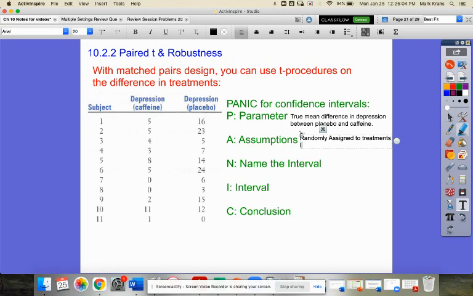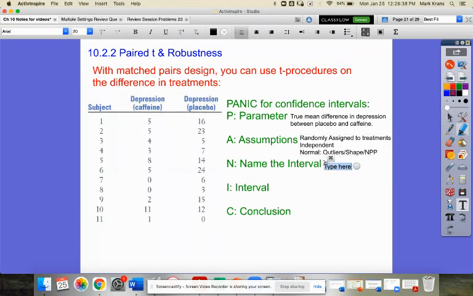Second, we see that it's independent because the randomness covers the independence of the two treatments, whether they were which one happened first or second. And then normal. Here we want to check and make sure that there aren't any outliers, shape, and a normal probability plot, okay? And I'll be doing more of that during class.